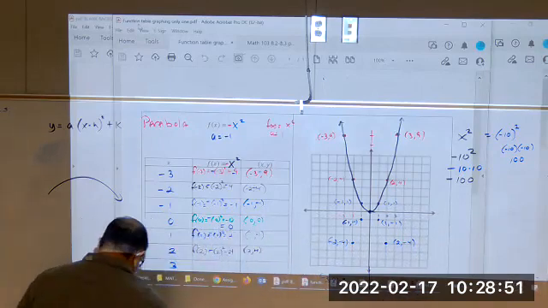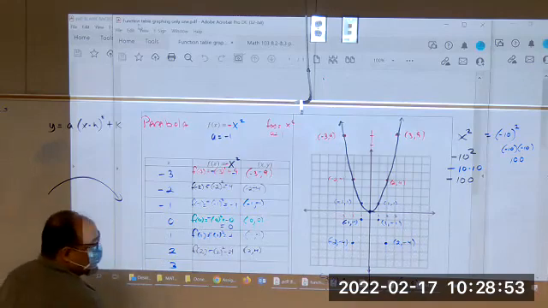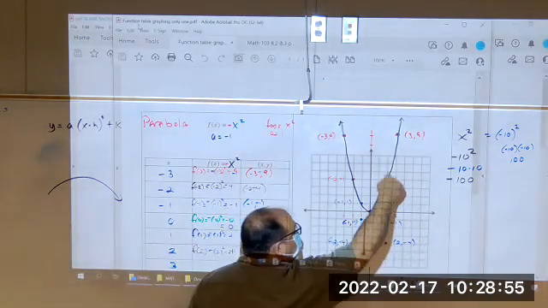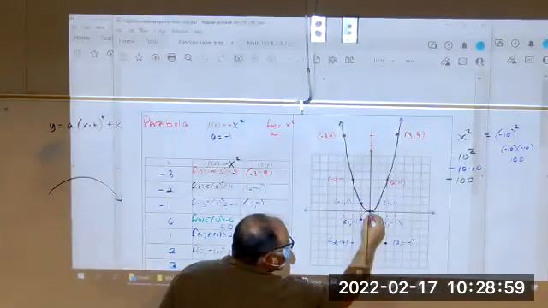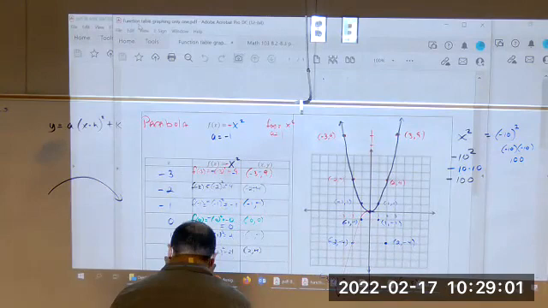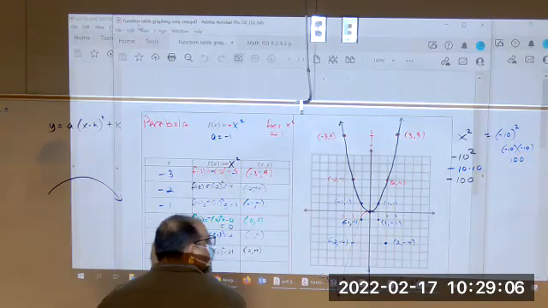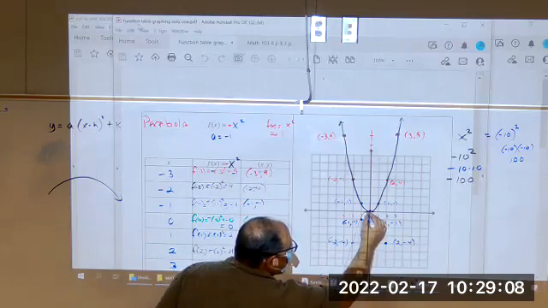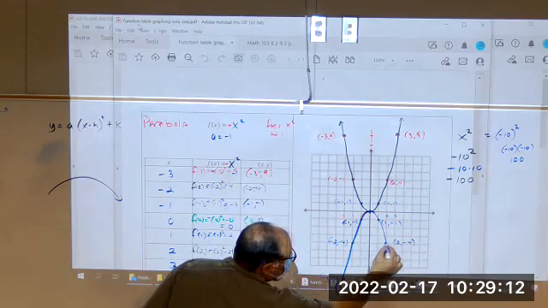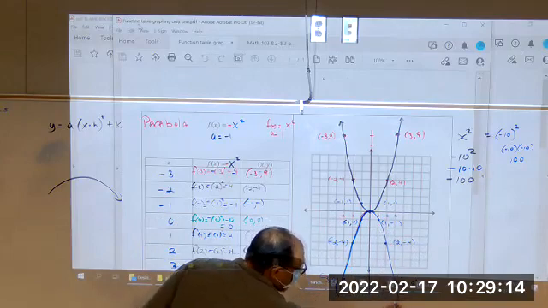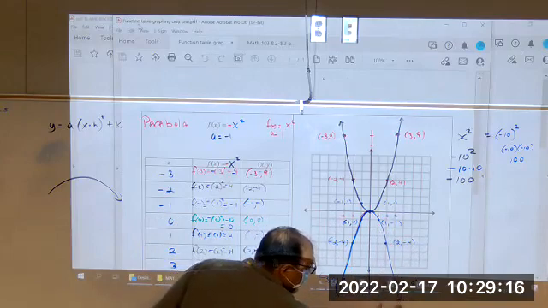So when you graph negative x squared, instead of going up, it opens down instead. And as you can see, we have arrows, because it's going to keep on going down forever.